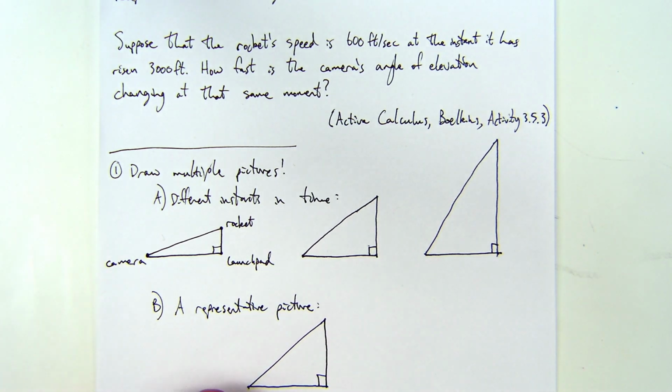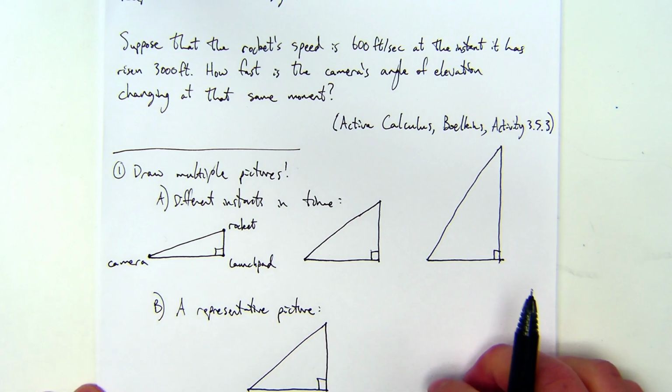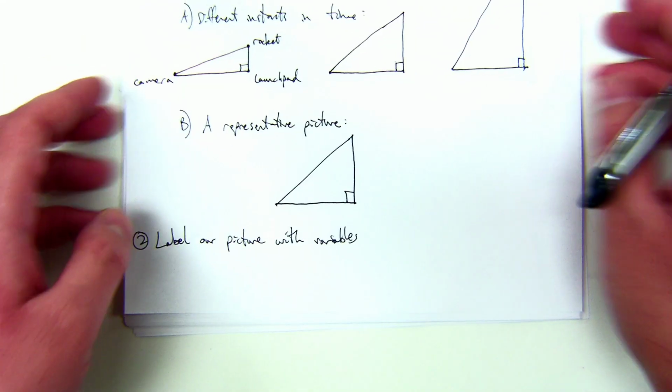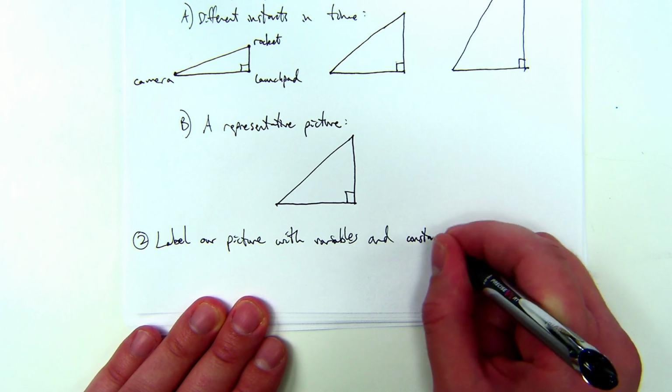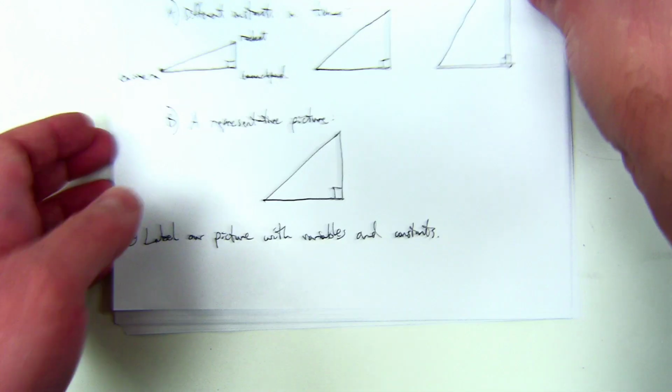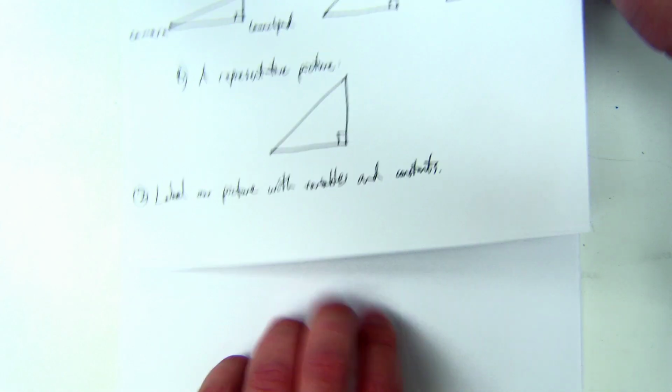And so our next step here is to label our representative picture with variables and constants. So what does that look like?